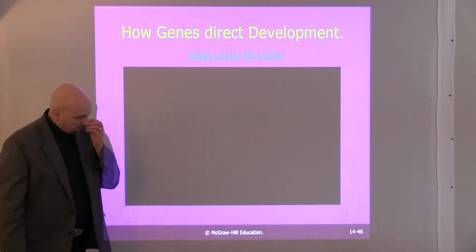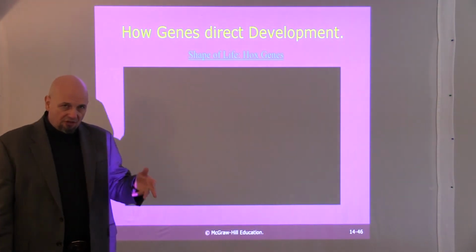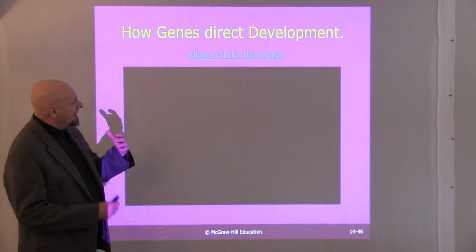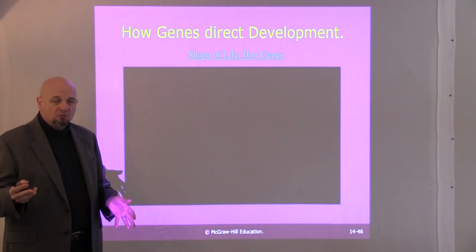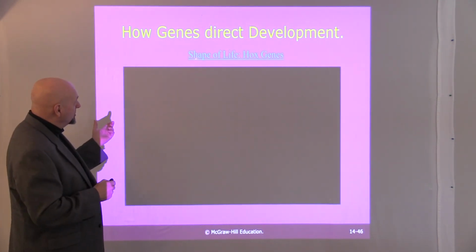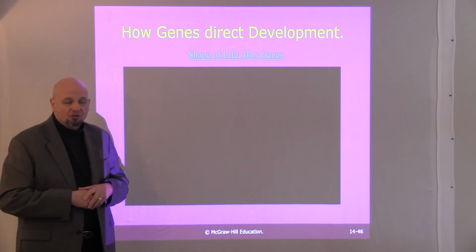Now, there's a series of videos that are about to follow that I would like for you to watch on your own. These are actually leading to eukaryotic gene expression and how this plays a role in shaping our life. This first one is The Shape of Life, and it's talking about these genes called Hox genes.